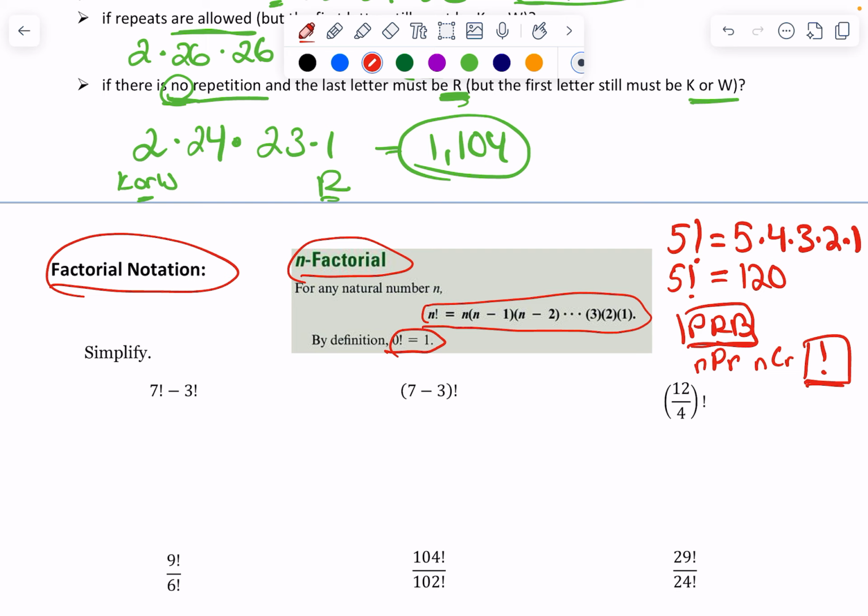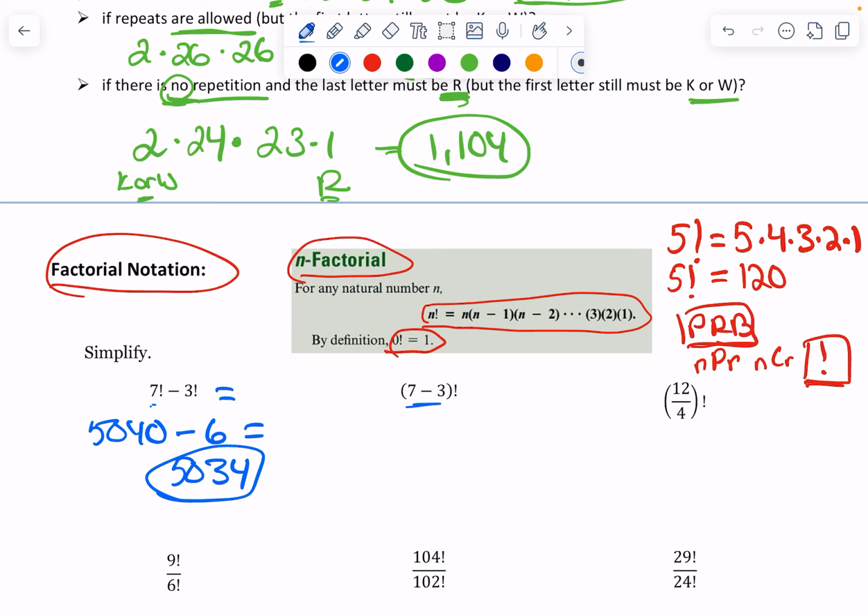Okay, let's look at these examples. When we calculate 7 factorial minus 3 factorial, 7 factorial is 5040, and 3 factorial, 3 times 2, is 6. So this ends up being 5034. We can put it straight in the calculator as it is. Notice the difference here.